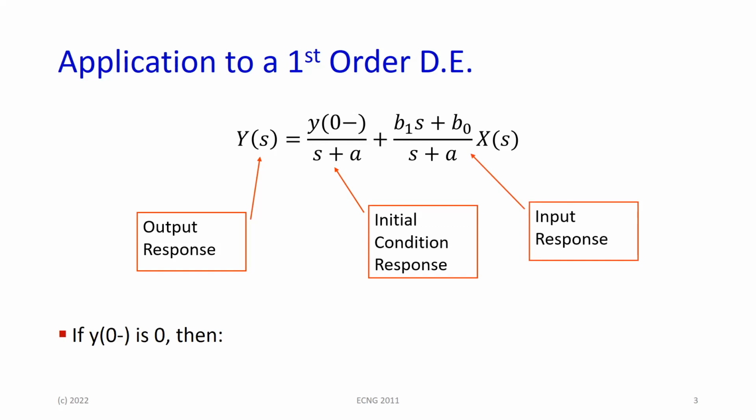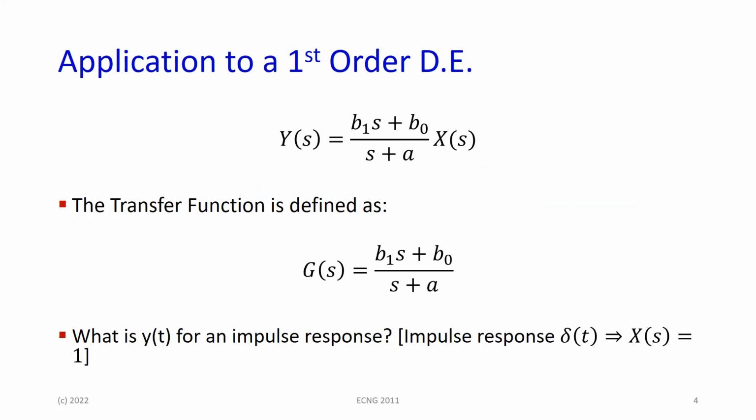So if y(0-) is 0, in other words, if we get rid of the initial conditions, we take an active effort or an active role in making sure the initial conditions are 0, then what we're left with is the equation on the top.